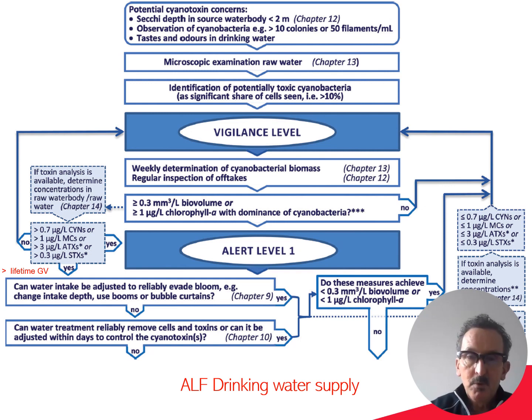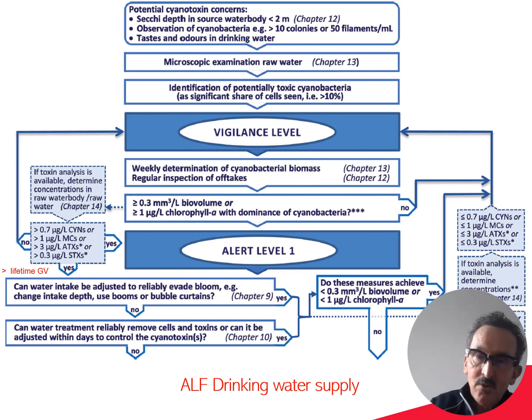The various things you would start to do, one is to do microscopic examination, and there you could see if potentially toxic cyanobacteria genera that are known to be toxin producers are present. If that's the case, you scale up to vigilance level, which is the basic level in your alert level framework. Then you would need to do weekly determination of cyanobacterial biomass and regular inspection of the offtake for the production of drinking water.